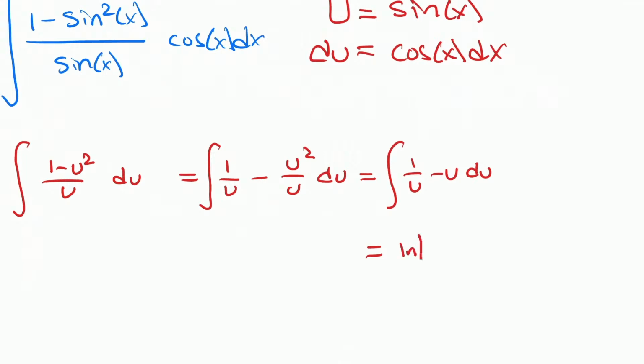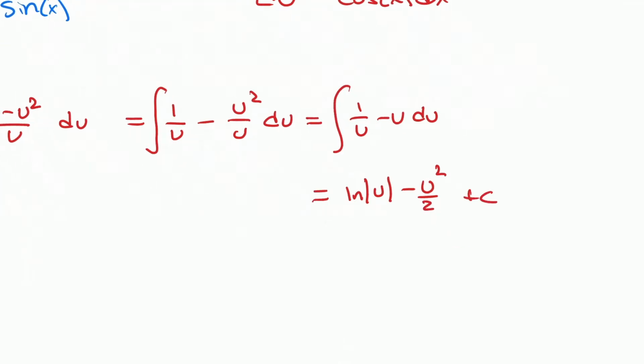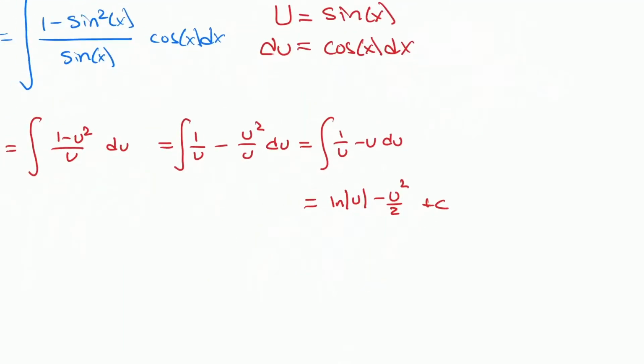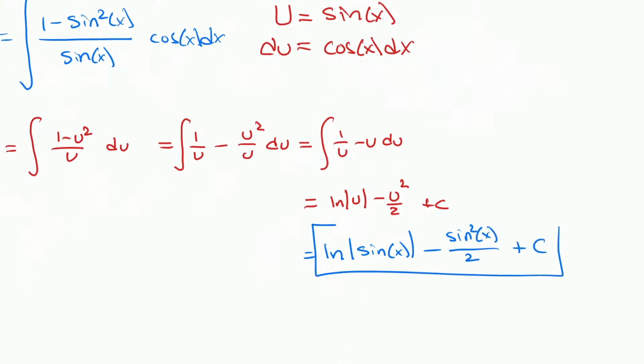So this is the natural log of u minus u squared over 2 plus c, of course. And now we can go back to our, what is it, sine? Yeah, u equals sine. So this will be the natural log of the absolute value of sine x minus sine squared x over 2 plus some constant of integration.